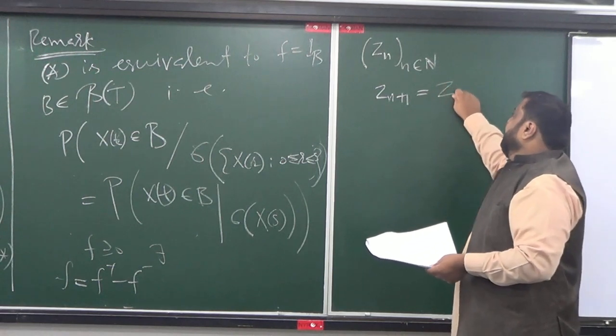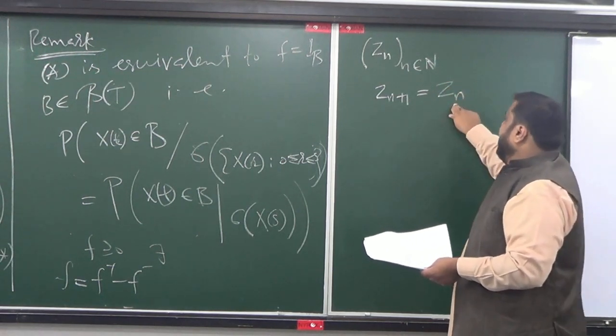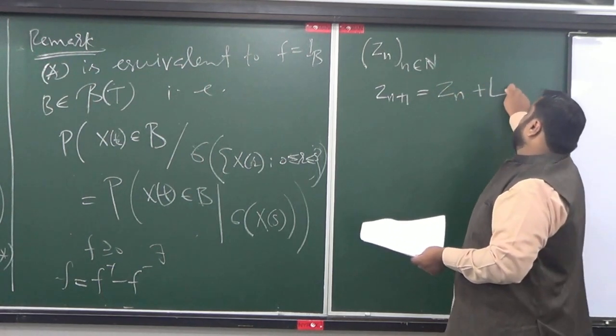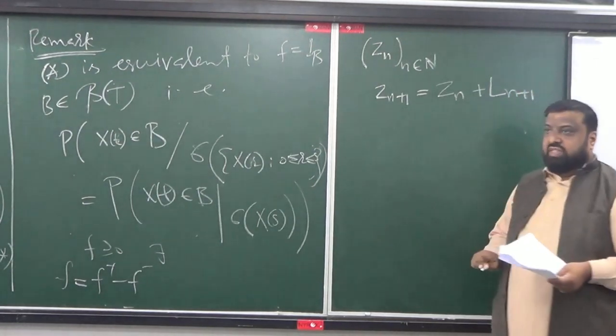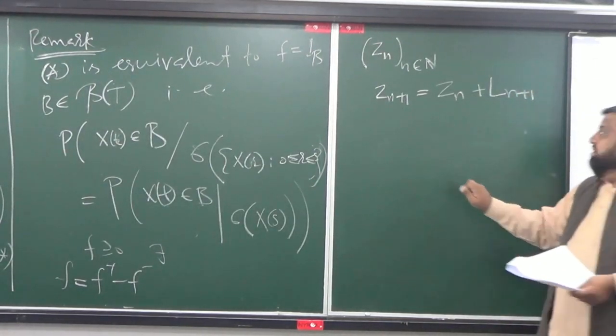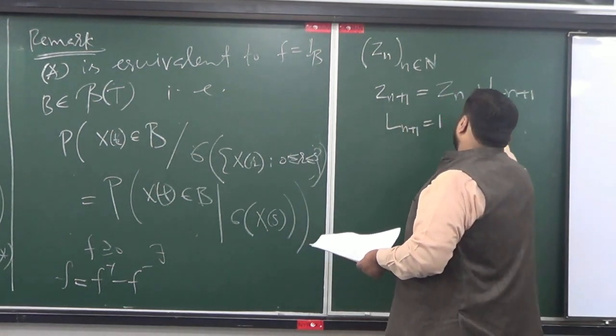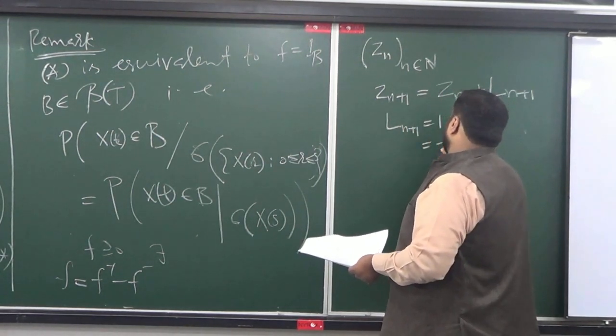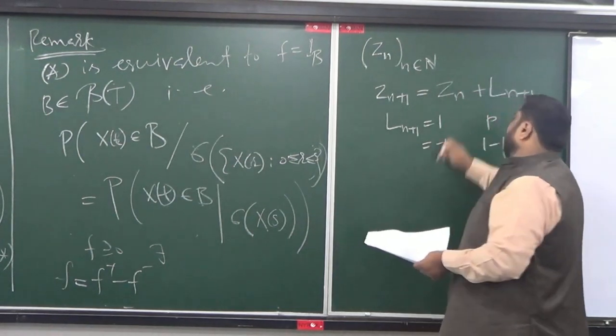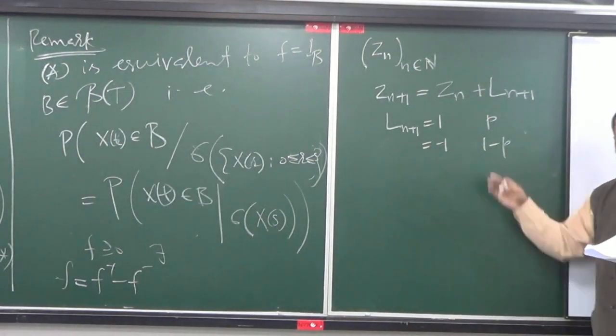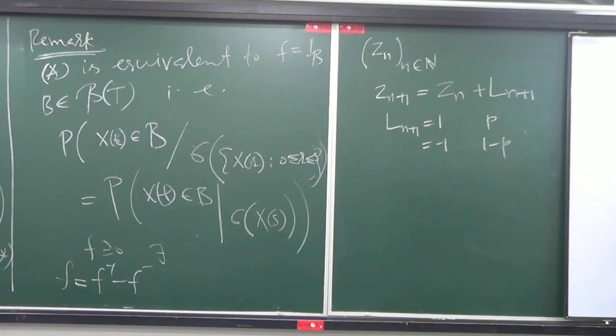Then this would be the same as the cumulative gains after n gains plus the outcome of the (n+1)th gain. And we know the outcome of the (n+1)th gain can be 1 with probability r and minus 1 with probability 1 minus r, and 1 and minus 1 are not necessarily equal to h_n minus h_n. Anything you like.